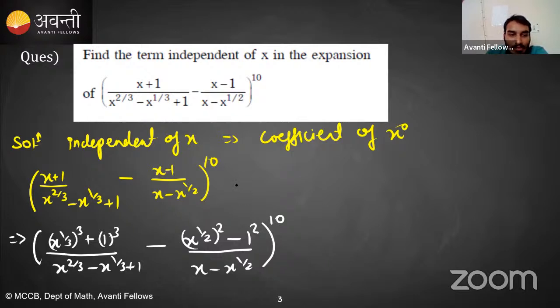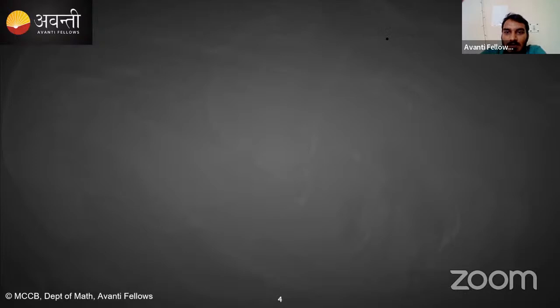Clear? So if you see closely, what is written here? A cube plus B cube, right? Can anybody tell me what A cube plus B cube is? A cube plus B cube is (A plus B) into (A square minus AB plus B square), isn't it?